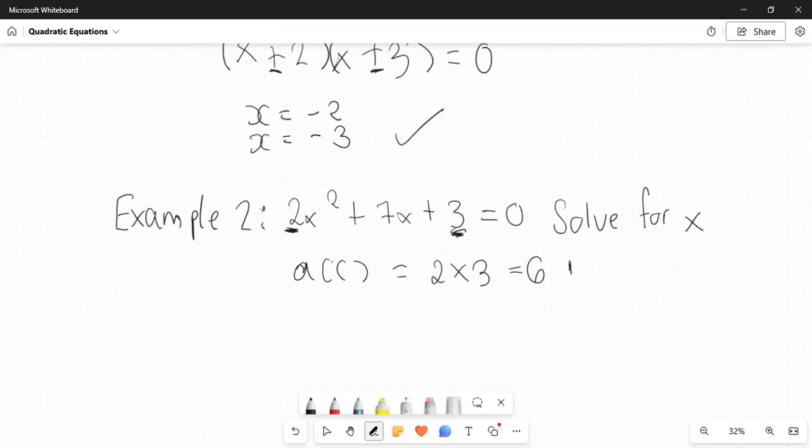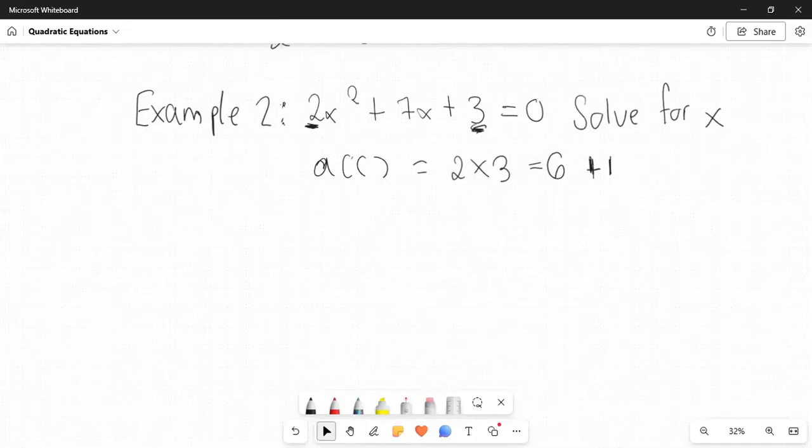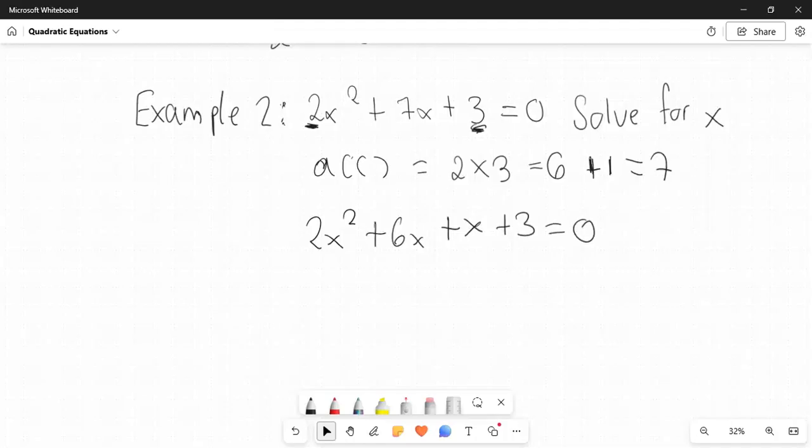It's 6 plus 1, we get 7. So we rewrite the equation as 2x squared plus 6x plus x plus 3 is equal to 0. And now we have to factorize using the grouping method.